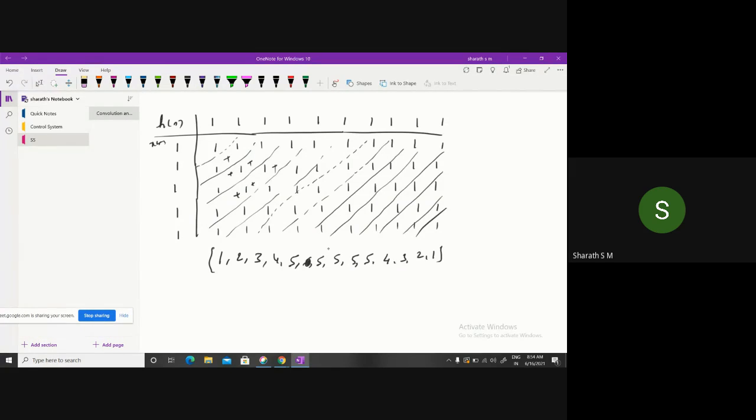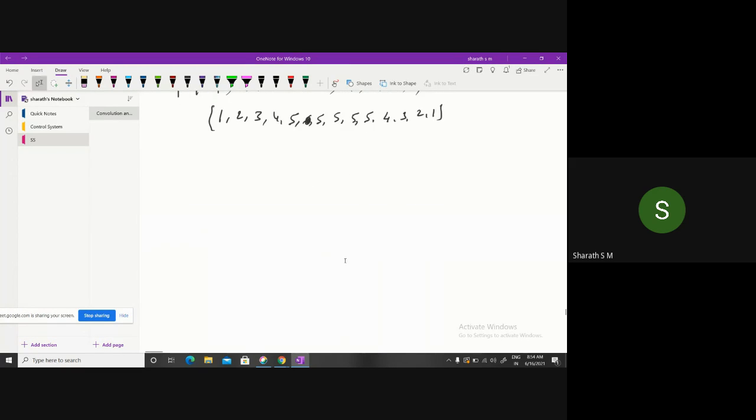And the next one: show that x of n convolve with delta of n is equal to x of n.